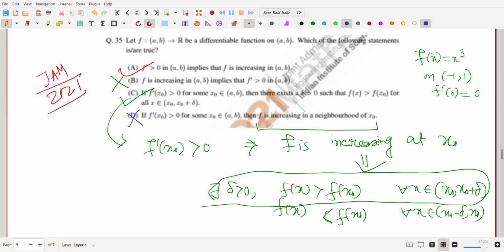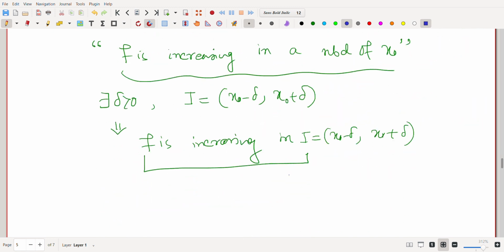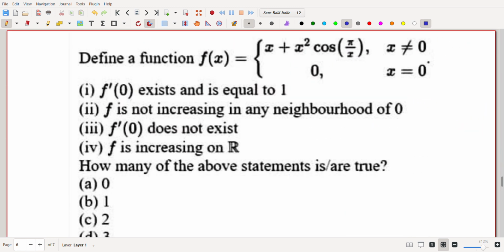I have already mentioned that. That's why A and C are correct here. If you check the answer key, you will see that A and C are correct. But many students made a mistake and made D also correct, but D is not correct. And the counter example is given by the next problem.